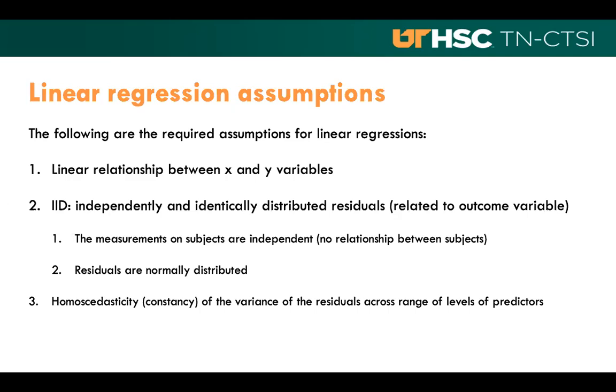So if we predict systolic blood pressure by gender and look at the variance of the residuals based on male and female, in both cases, the variance should be constant. In male and female, the variance of the residuals of systolic blood pressure should be constant. And this is called homoscedasticity.